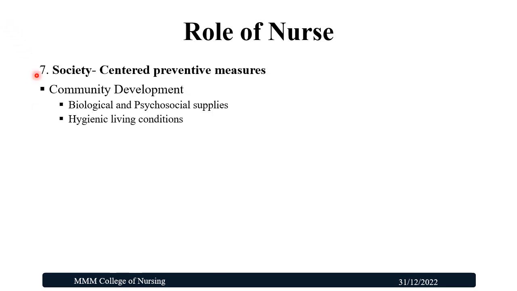Then the society-centered preventive measures, concentrating on culturally deprived families also, and community development programs are carried out, like biological and psychosocial supplies are given, hygienic living conditions are taken care of, like the basic good water supply, good sanitation, good food, good environment, ventilation, etc.